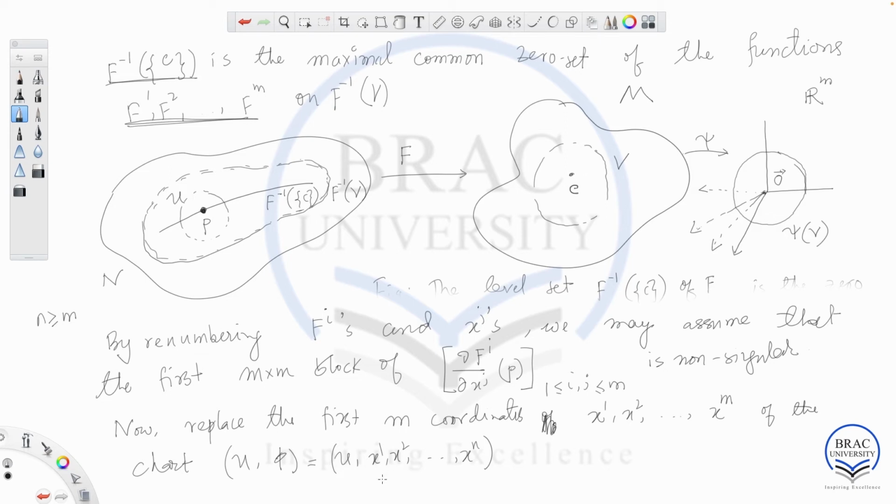Okay, so it's something like x1, x2, all the way up to xm, then xm plus 1, xm plus 2, all the way up to xn. Okay, so there are n minus m such entries here.